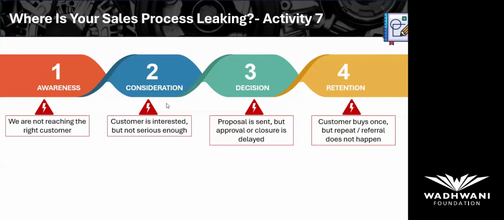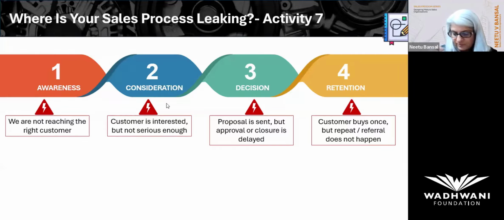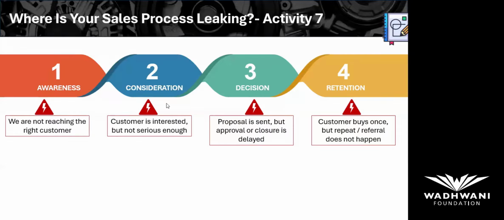Actually, we normally work with the customers. We identify 4 types of buyers in the organization. One is a user buyer, another is a technical buyer, third is a commercial buyer, and fourth is an influencer or decision maker. When we enter any organization, we may get access to the technical buyer or user buyer.